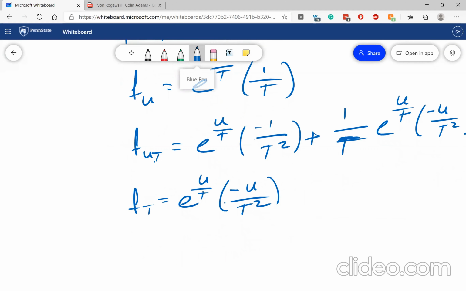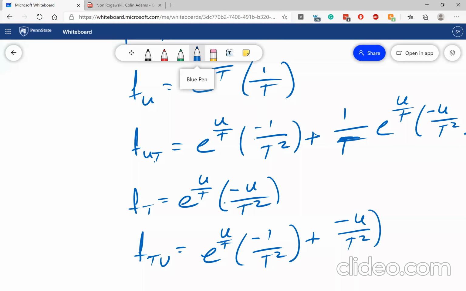Okay, and then we have f of t, u. This times the derivative of this will be e to the u over t times -1 over t squared, plus -u over t squared times the derivative, so then we'd have e to the u over t times 1 over t. 1 over t, good.